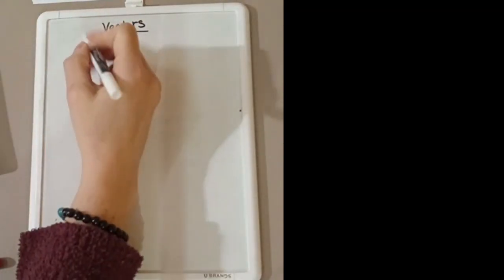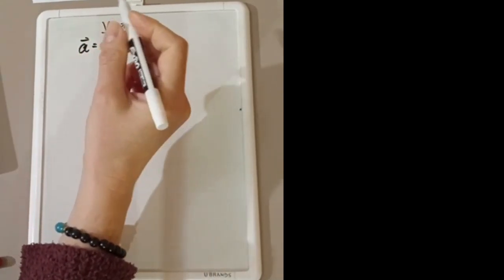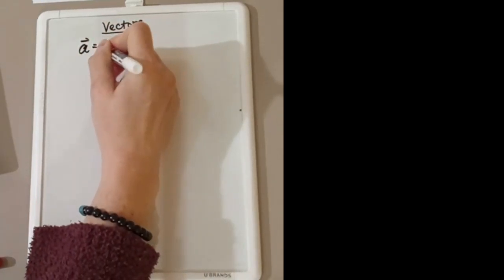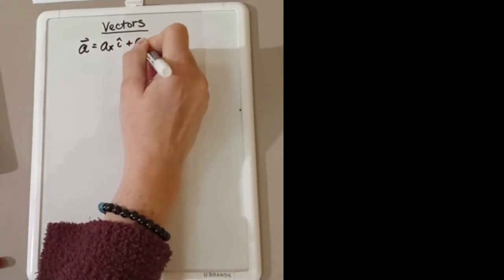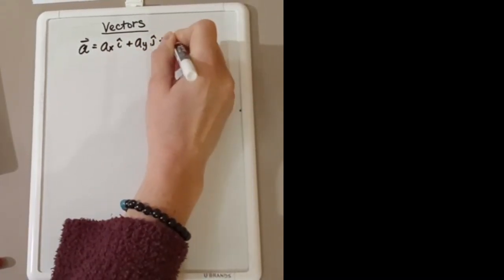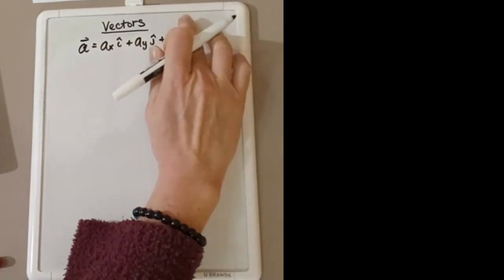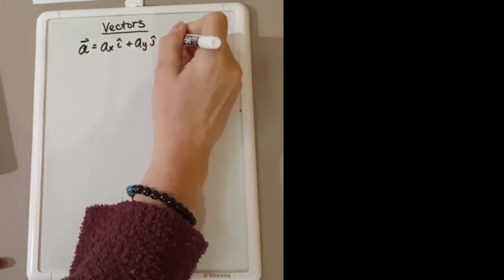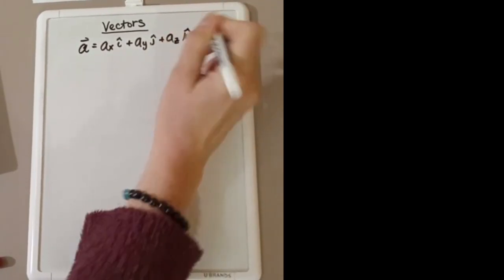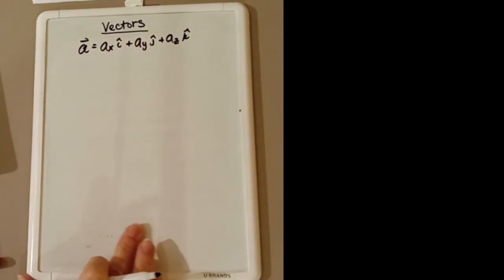If I have our vector A, it's going to be our standard AX i hat plus AY j hat plus AZ k hat. I was going to say that sounded kind of funny. When I'm saying AX, AY, AZ, what I mean is A sub X, A sub Y. Those are the components.